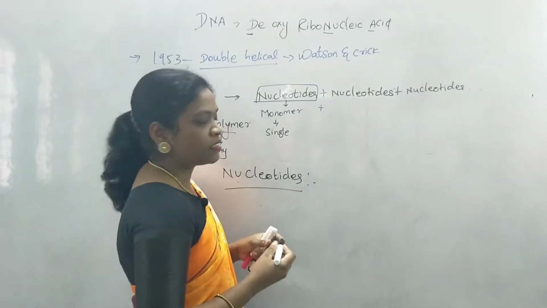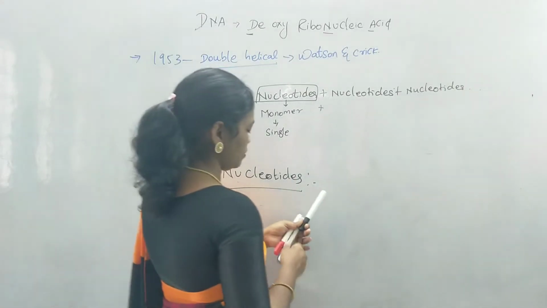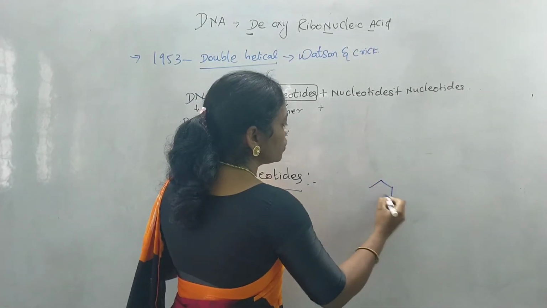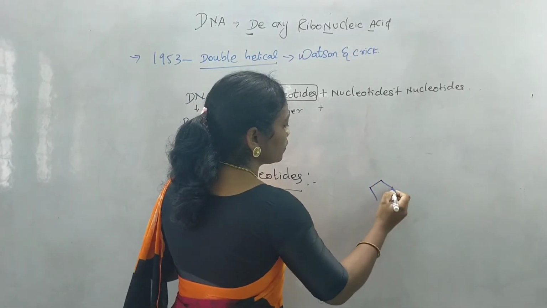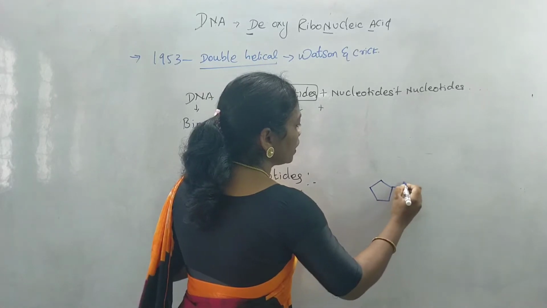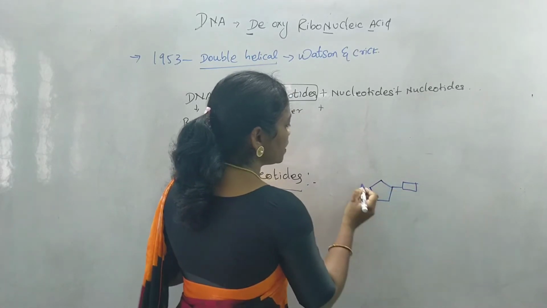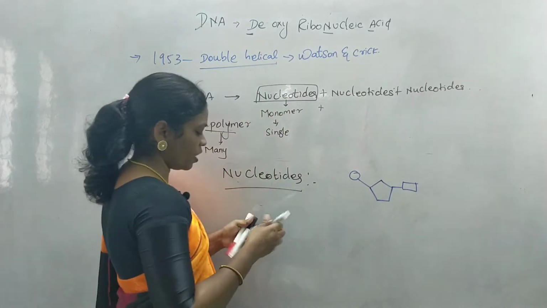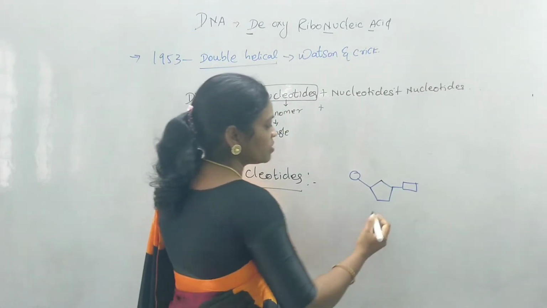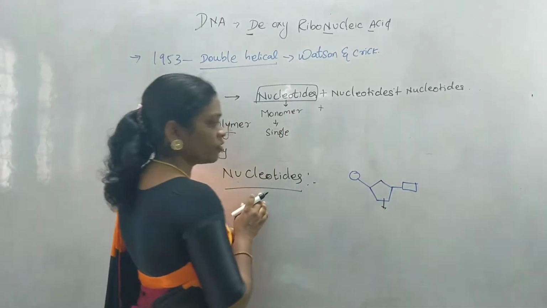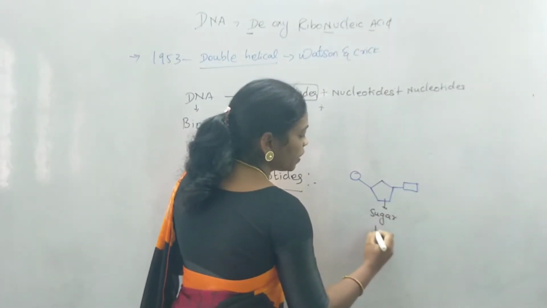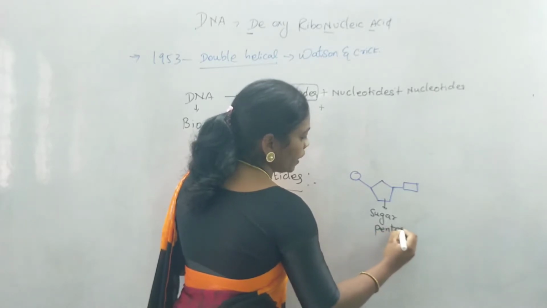What does a nucleotide consist of? It consists of a pentose sugar, a nitrogenous base, and a phosphate group. I'll write here the molecular structure of one nucleotide. This is the sugar, nothing but pentose sugar.